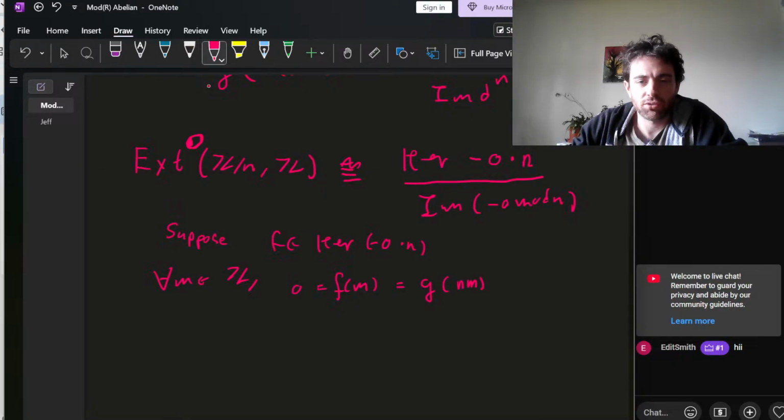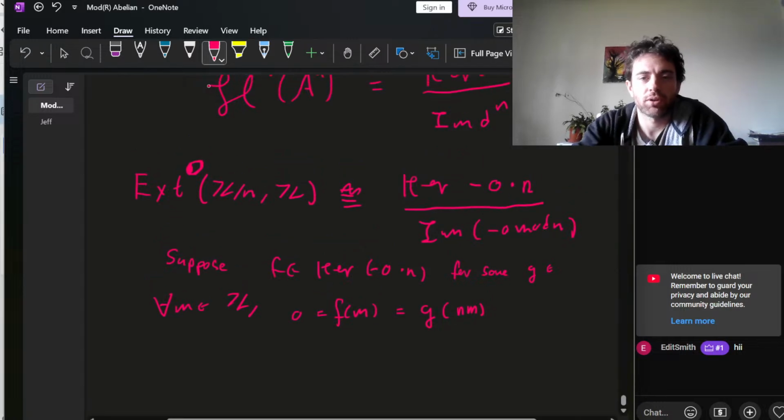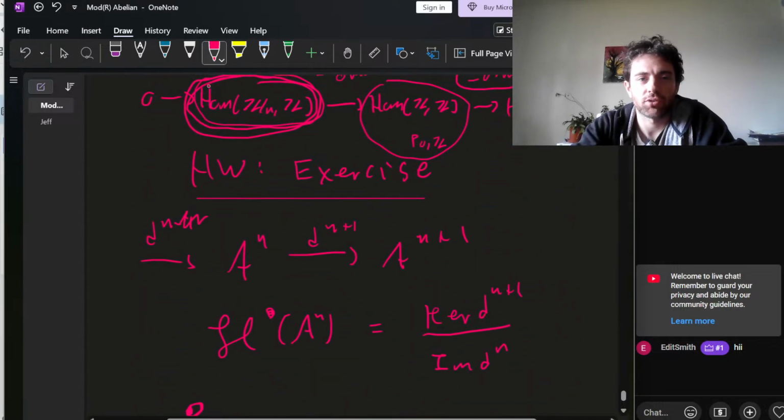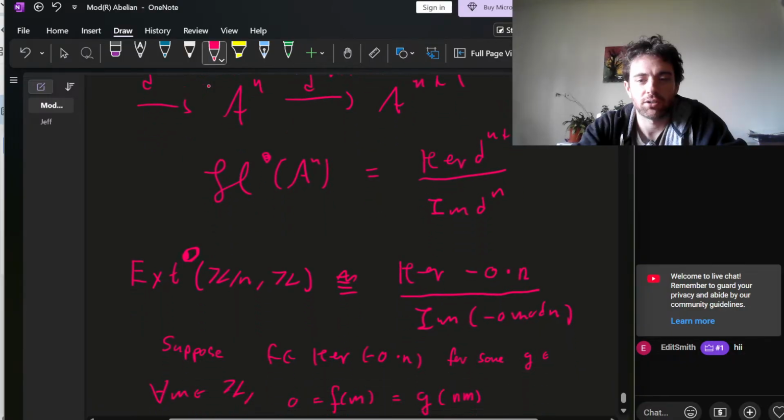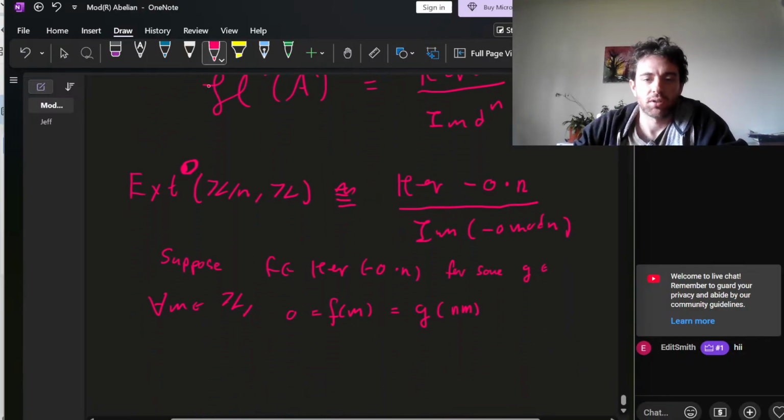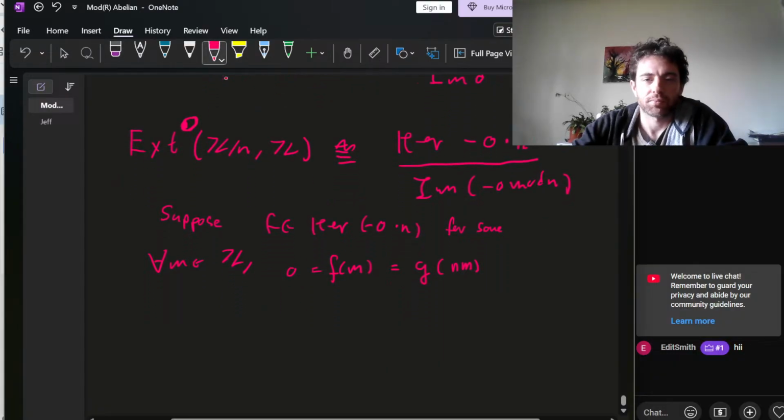The integers are commutative, so of course we can put this on any end. So for some g, well, that g, if we go back up in the sequence, that should be a hom from Z/n into Z. For some g from Z/n into Z.